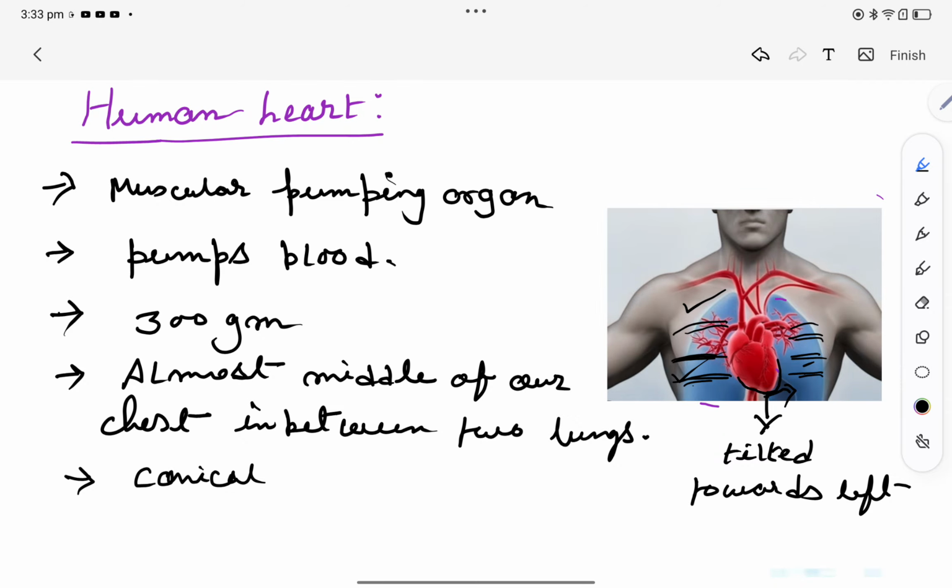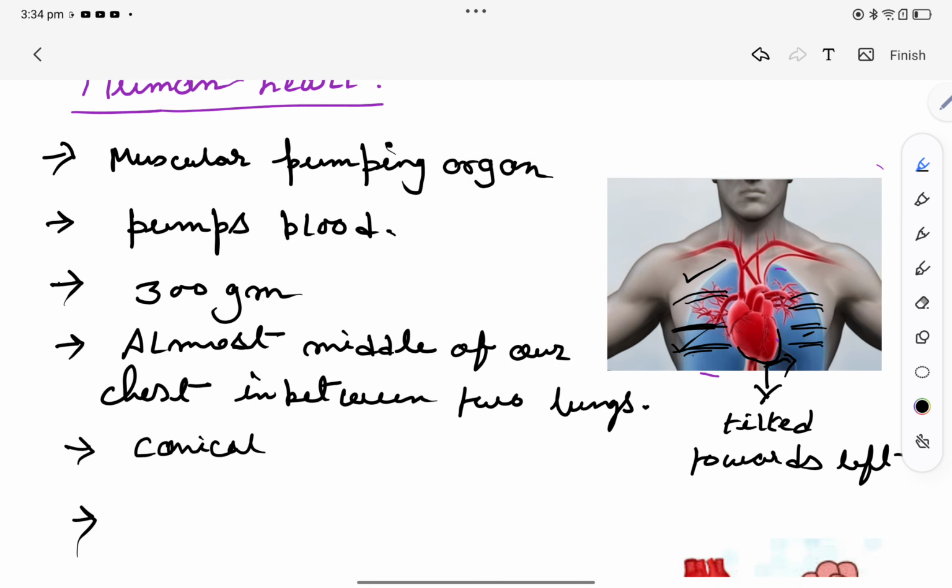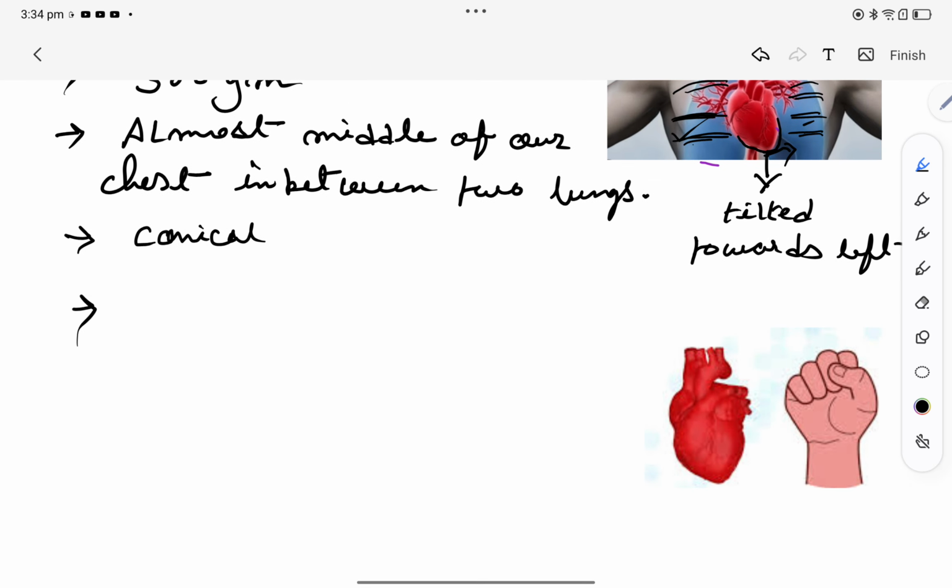Okay, now the size of the human heart is like our fist. If you close your fist, the size you will see is similar to our heart. So if you need to compare the size of our heart, you can compare it with your fist.